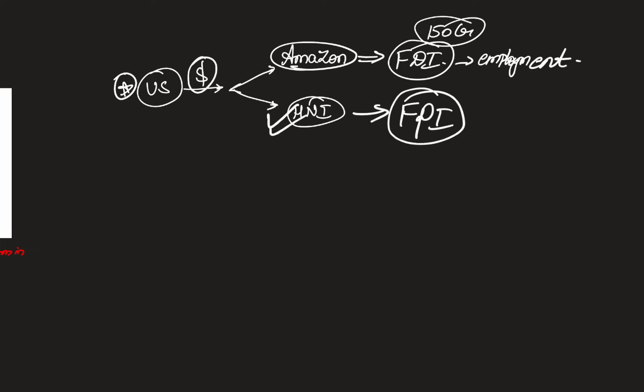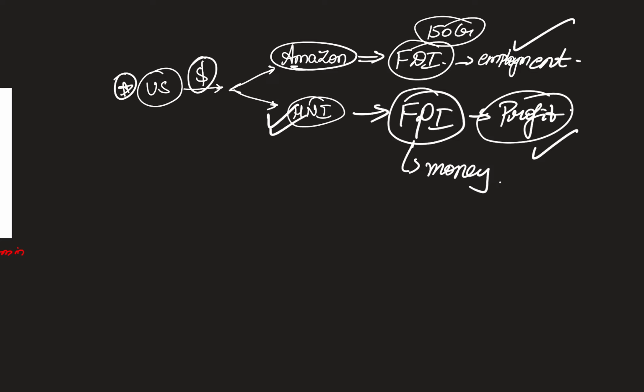They are only interested in making profit, nothing else. And what is the incentive for us to give them a profit? Because they are giving money at the time of our need. So these are the two different channels through which we get money from foreigners: foreign direct investment and foreign portfolio investment. You understand the differences between the intent.